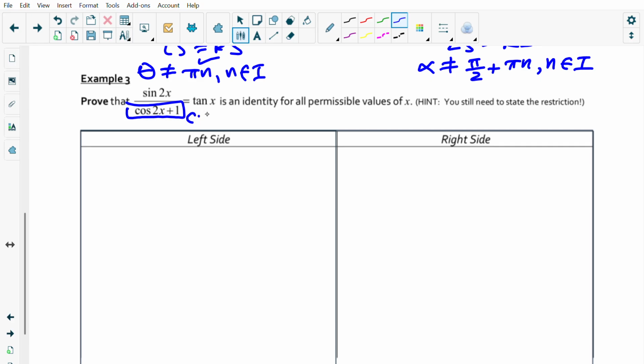Here, I don't want this to be 0. So cosine of 2x plus 1, I don't want that to be equal to 0. So let's solve for x. That's cosine of 2x equals negative 1.